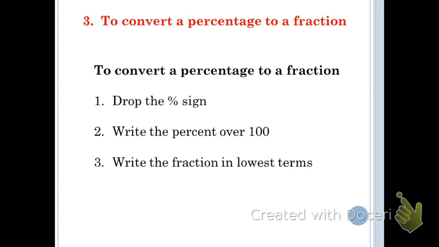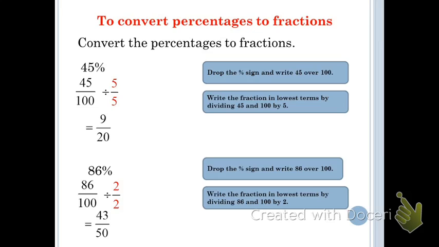To convert a percentage to a fraction, 1, drop the percent sign, 2, write the percent over 100, and 3, write the fraction in lowest terms. Convert the percentages to fractions. 45%. Drop the percent sign and write 45 over 100.